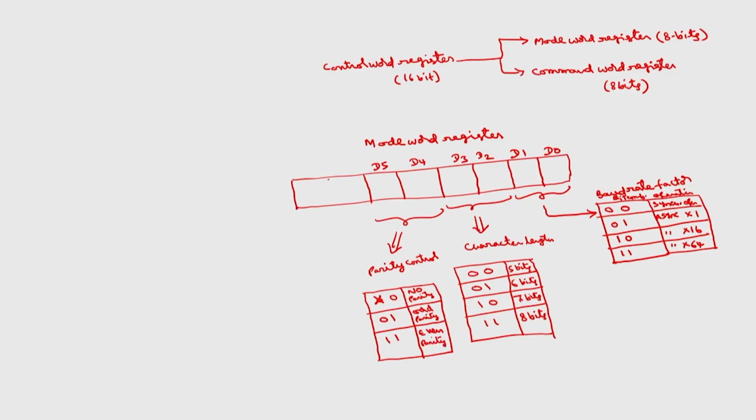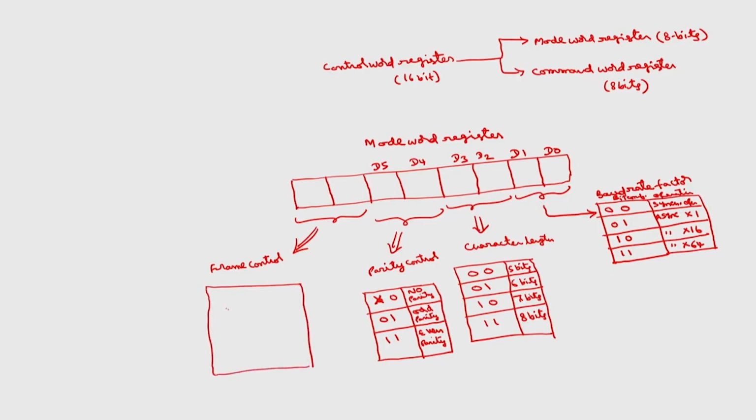And the last 2 bits are called frame control signals. They will be used for asynchronous mode only.